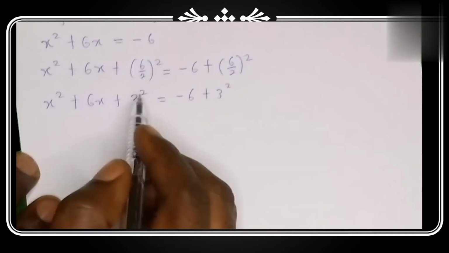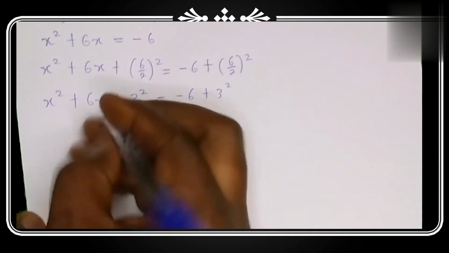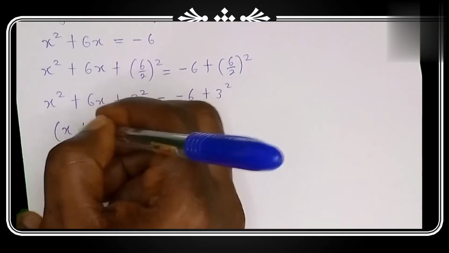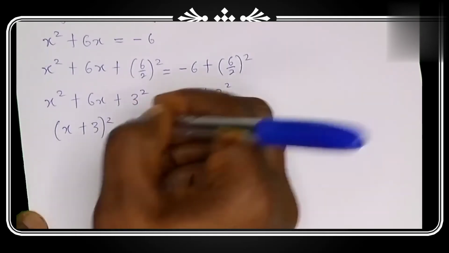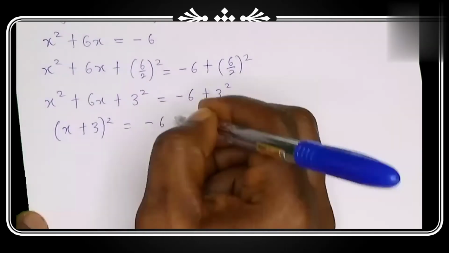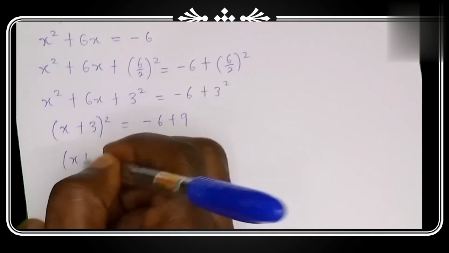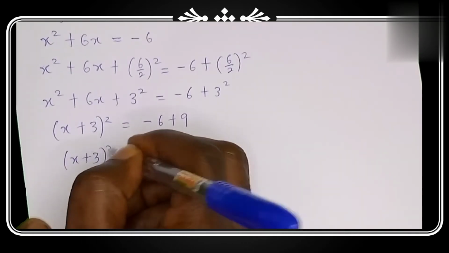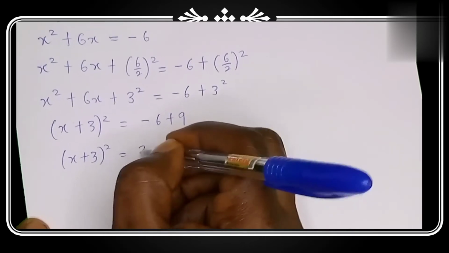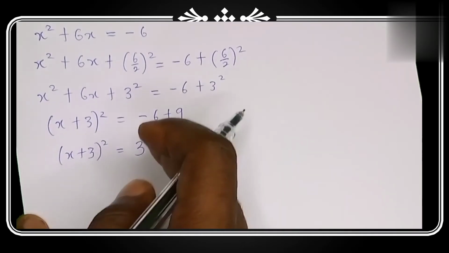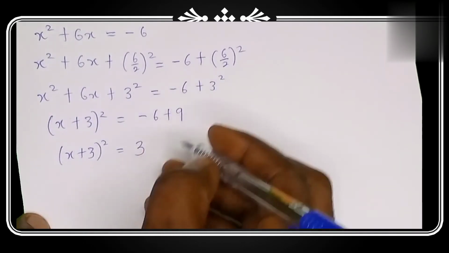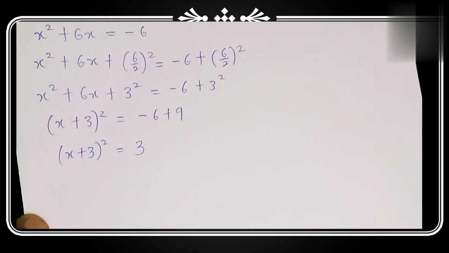Now, since we have x squared here and 3 squared here, we can do x plus 3 all squared equals minus 6 plus 9. From this point, we go x plus 3 all squared equals 3, because 9 minus 6 will be 3, or minus 6 plus 9 is 3.